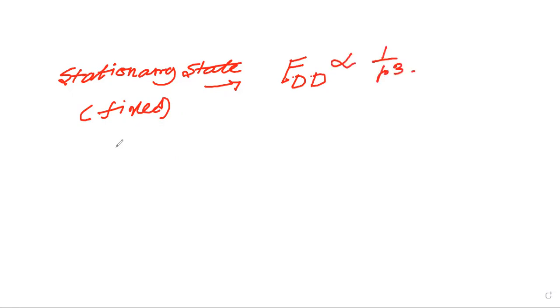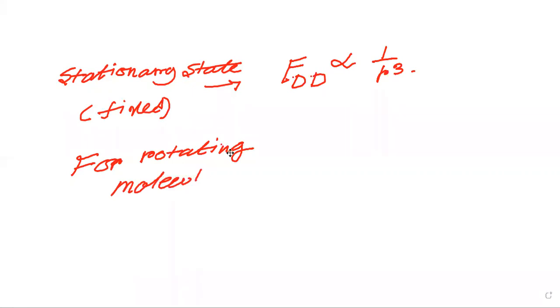And if the state is not stationary, that is, if the molecules are rotating, then for rotating molecules, that FDD is proportional to 1 by the 6th power of R. That is, if the molecules rotate, then the dipole-dipole interaction will decrease.